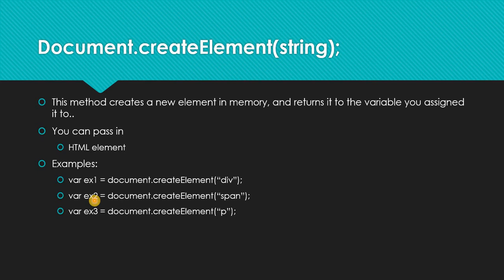If you want to create a span, you do document.createElement with span in parentheses there. Or if you want to create a paragraph, you can use the p tag. So you create element p, and that will give you a new element to work with.